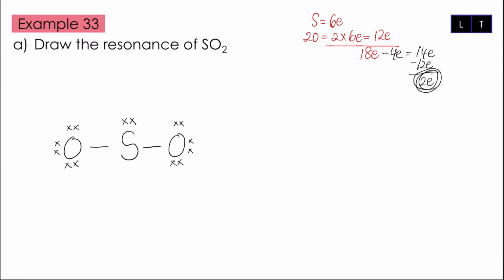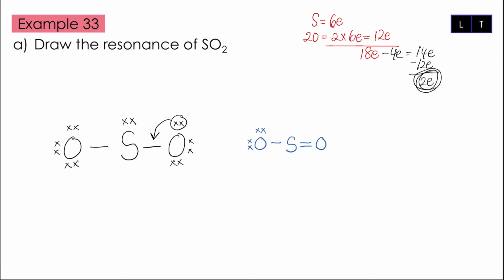So I'm going to take from the oxygen at the right, the lone pair here, I'm going to take it and put it here. So what will happen, I'm going to draw my new structure with a double bond, which is between sulfur and oxygen at the right. So you can see that I got sulfur with a double bond to one oxygen and a single bond to the other.